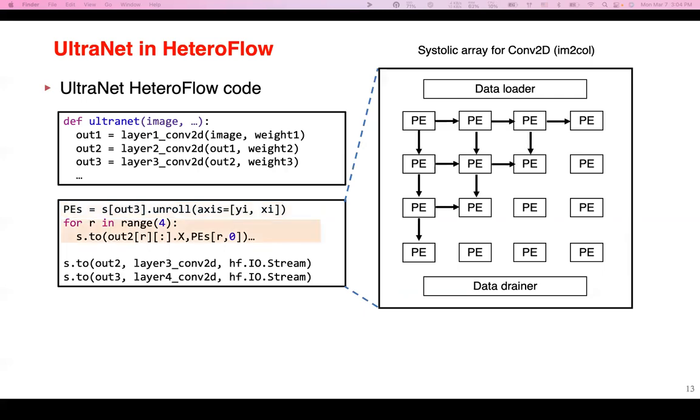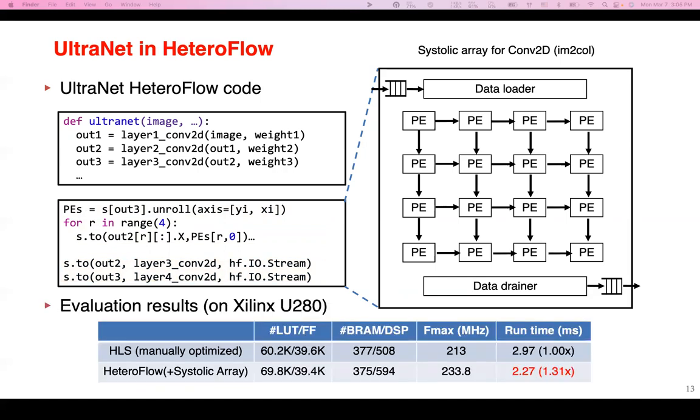And then we use the .to() primitive to propagate the intermediate results across the PEs. And furthermore, we can connect this 3rd layer with its previous layer and with the following layers using FIFO channels. The evaluation result is shown in the table. We're able to build a systolic array for the 3rd layer just using a few lines of code, and we're able to achieve better performance compared with the manually optimized HLS code.